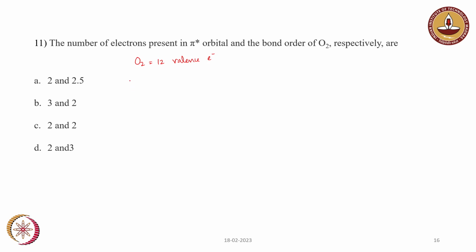So we can draw the molecular orbital diagram. That is 2s2 and 2p4.